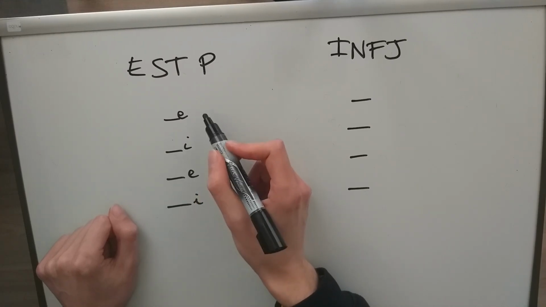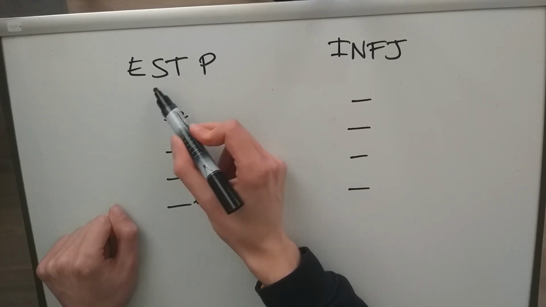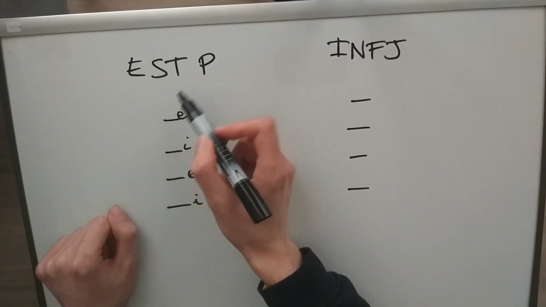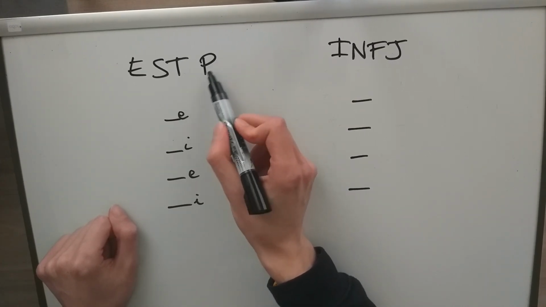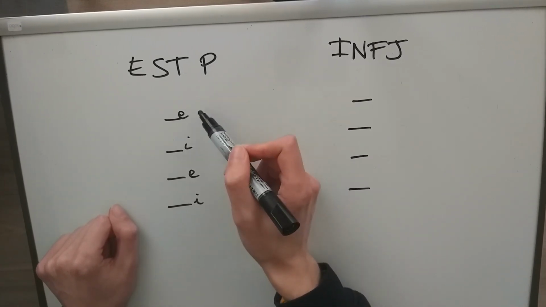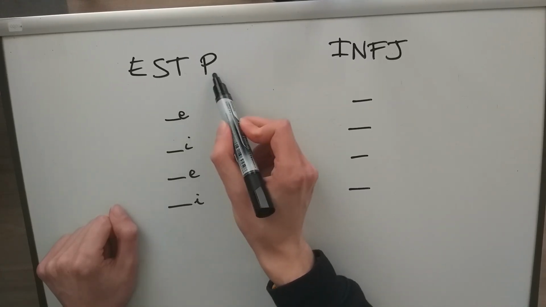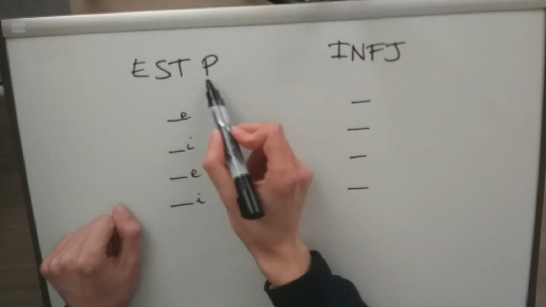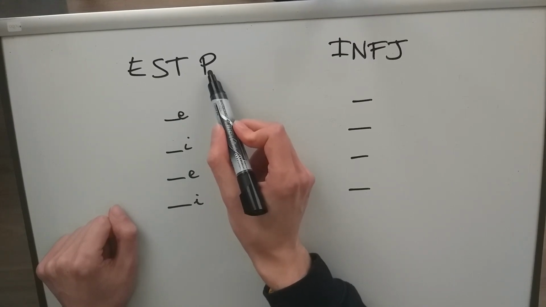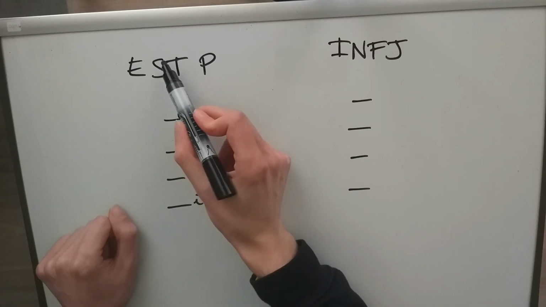Now we know that the first two functions will be sensing and thinking, right? But we need to figure out in which order they go, and that's where the perceiving or judging information will come in handy. So in this case, this is a perceiving favoring type, and it's extroverted, which means that their first extroverted function, which is the first one, is a perceiving function, and their perceiving preference is sensing.